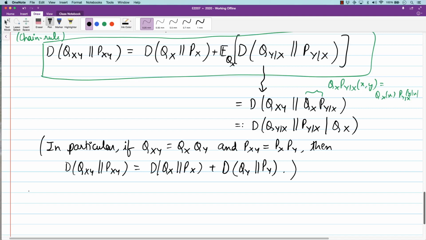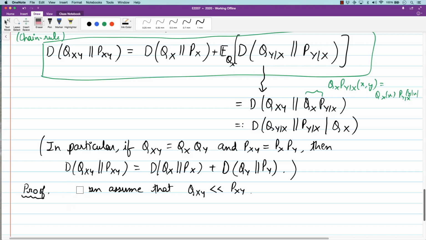So how do we show this? Proof is simple. You can just expand things. I'll give an informal proof. First, you notice that we can assume that qxy is absolutely continuous with respect to pxy.